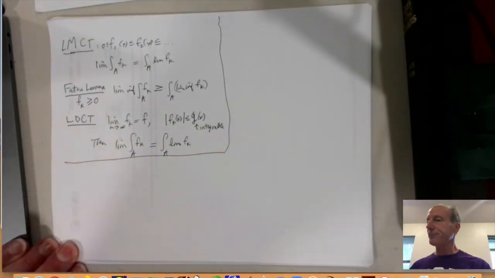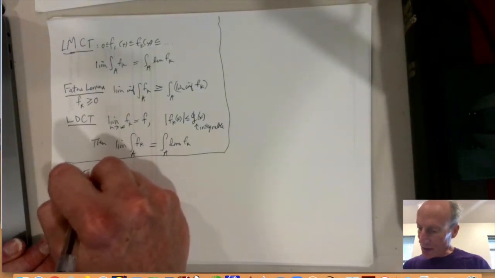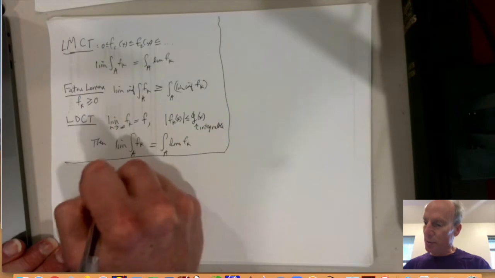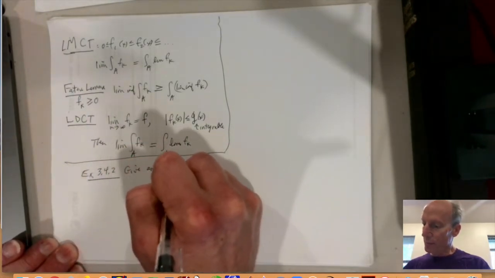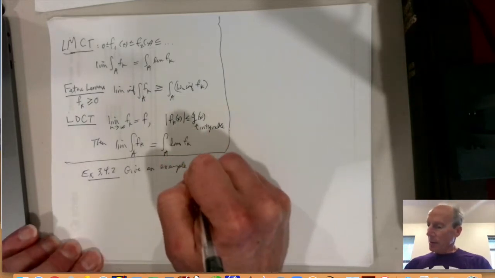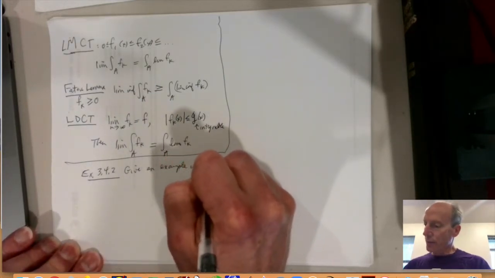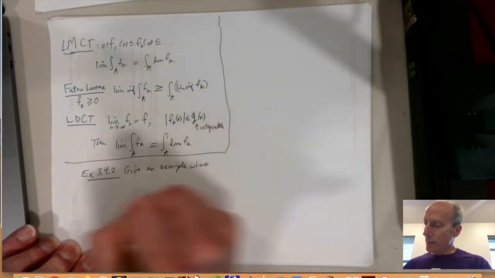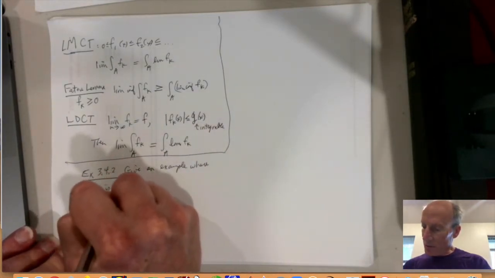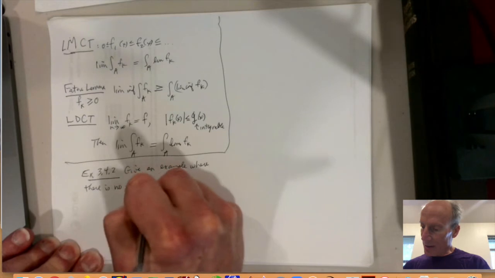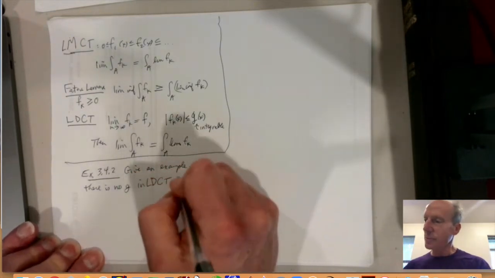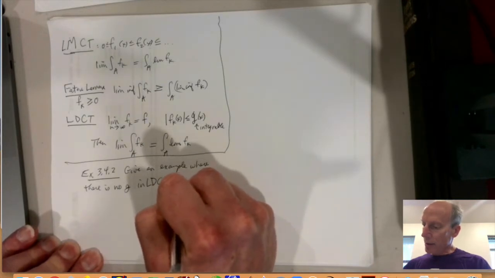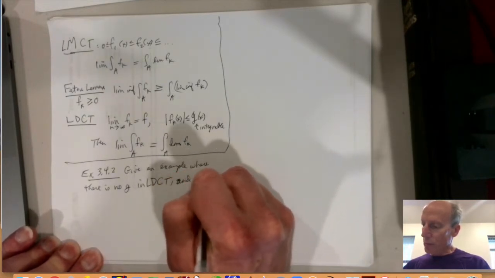All right, so let's do our first example. This is exercise 3.4.2. Give an example where there is no g in the dominated convergence theorem and the conclusion fails.